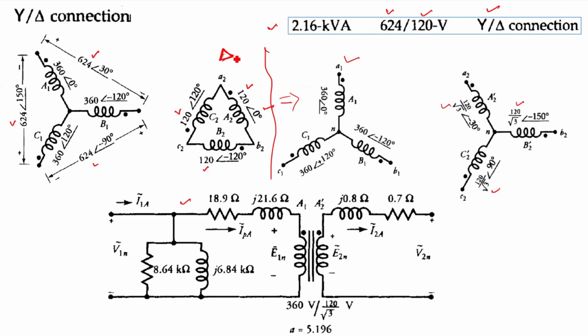So all the parameters, as we have seen in the last slide, will be divided by 3. So now it will become 0.8 ohm and 0.7 ohm, just by dividing the original single phase parameter by 3. You will get 0.8 ohm and 0.7 ohm. This is for XL and this is for your RL, right? Okay. So now this is the per phase equivalent circuit for star delta connection.